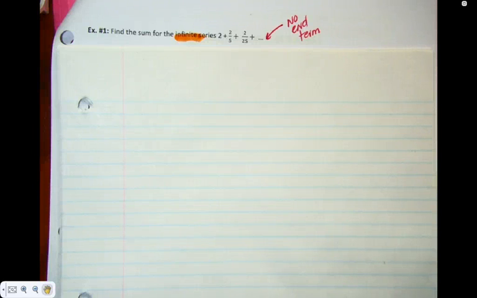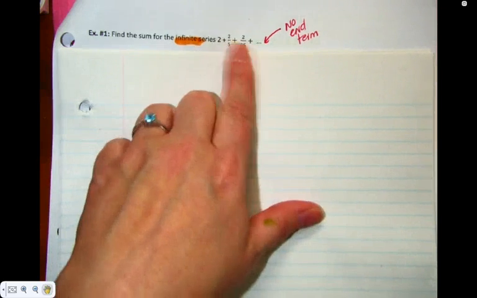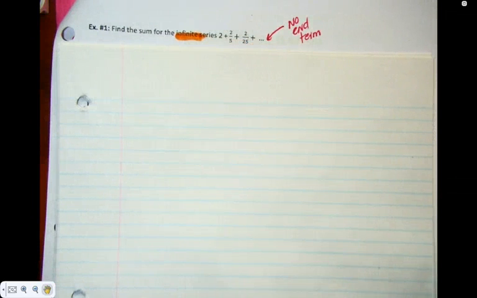If it's just dot, dot, dot, and it goes on forever, that's going to be a sum to infinity. The third way you'll know is what kind of sequence they give you. Is this converging or diverging, and how do we know? It's converging. How do we know? Because the fraction, the numbers are getting smaller, they're approaching 0. All of those three things tell you it's now going to be the new formula, not the old formula.